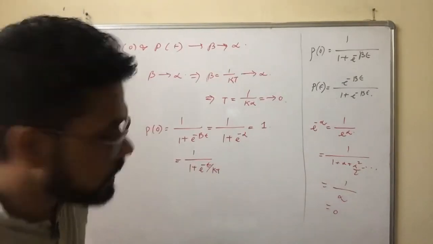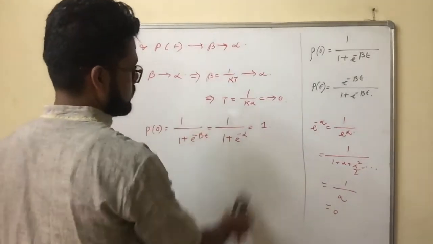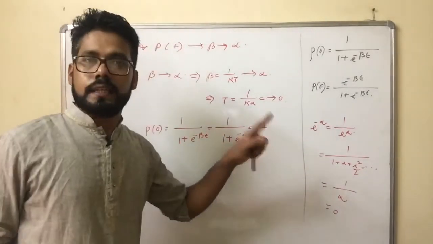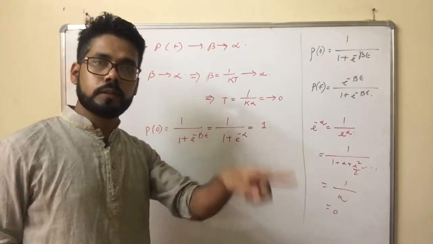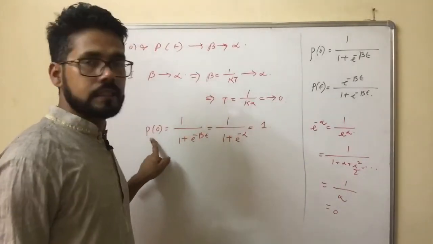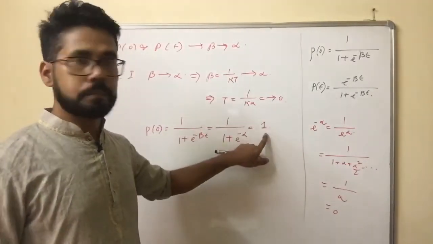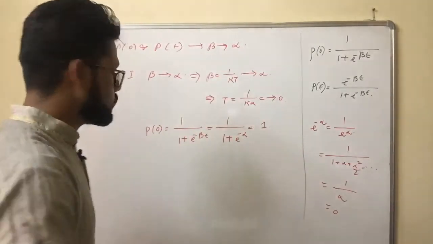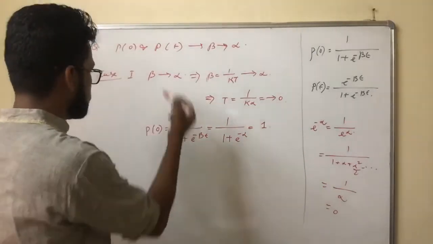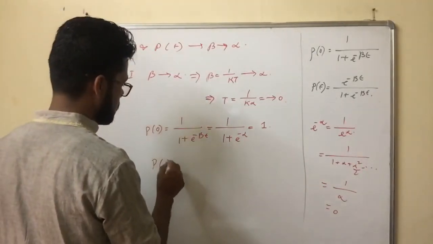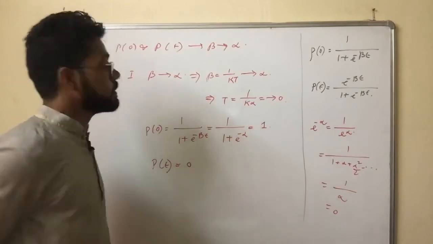Okay, this way you can analyze. When a system has 2 energy levels, if you get the probability P0 at a particular temperature as 1, then there is no need to find the value of P here. It is always 0. Or you can verify yourself.